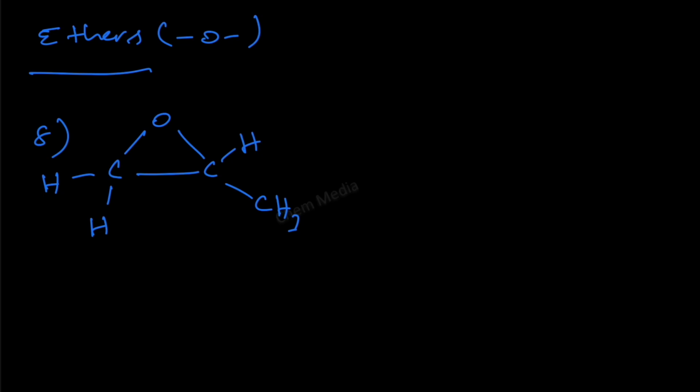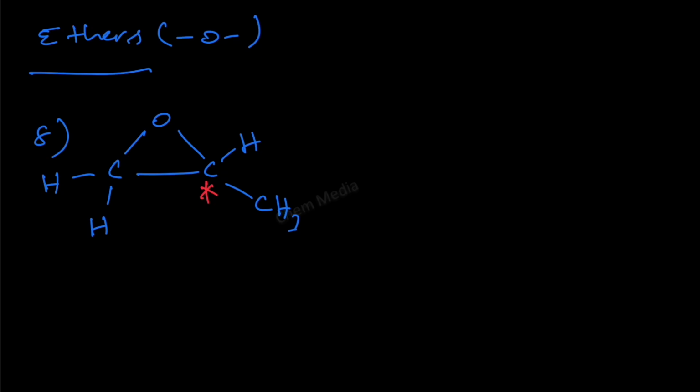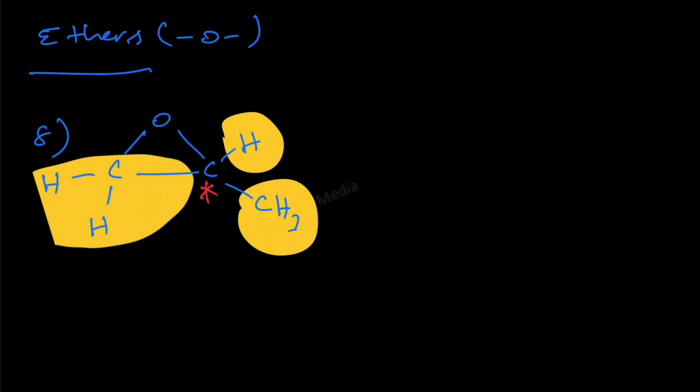So this is 2-methyl oxirane, but this carbon atom is chiral because we have 4 different groups around it, isn't it? We have a hydrogen, we have a methyl group, and then on one side we have CH2, and then on the other side we have oxygen.